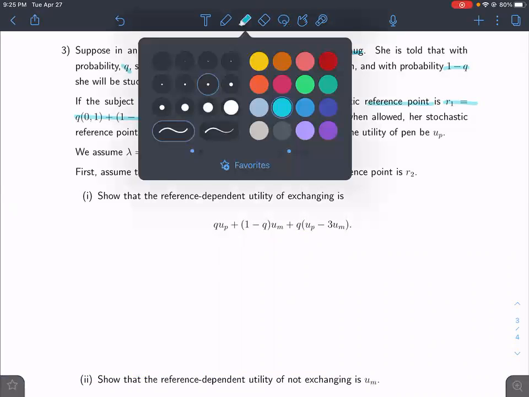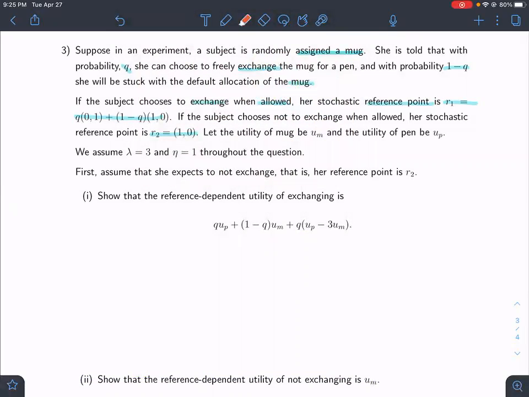Also, what is upgraded from the homework is that now the utility of the mark is a general value. In the homework, I think it was something like 1. And then the utility of getting the pen is now UP. In the homework, I think it was something like you get X dollars.